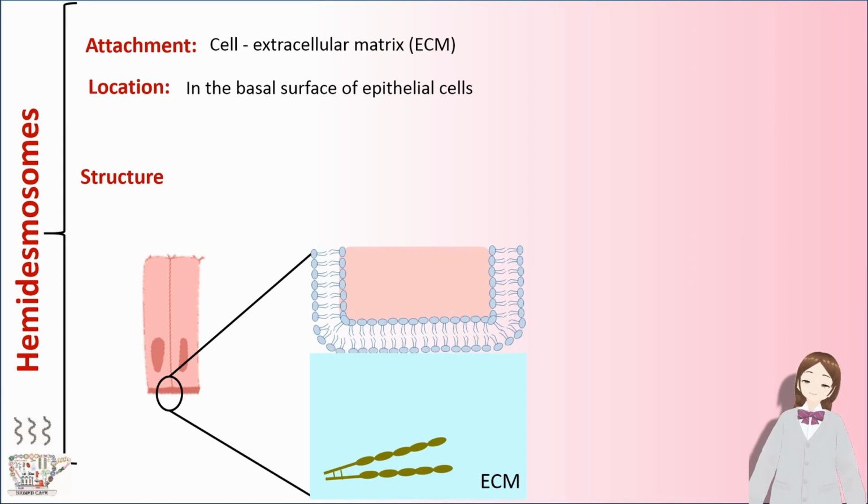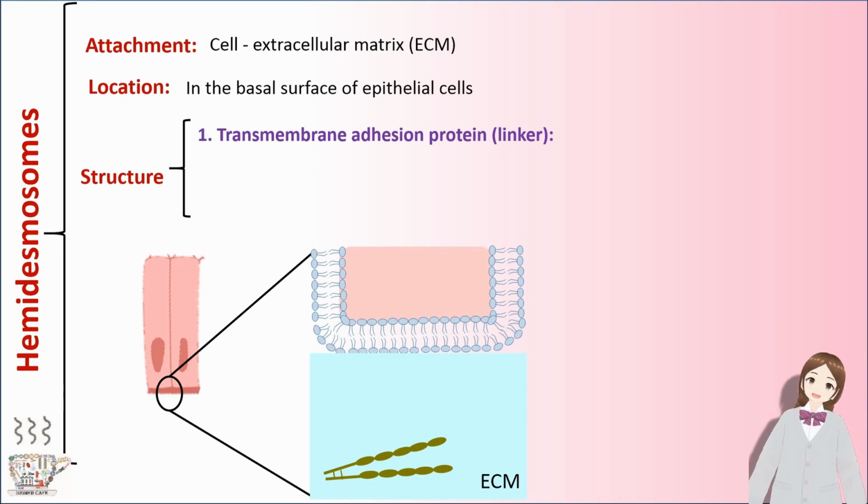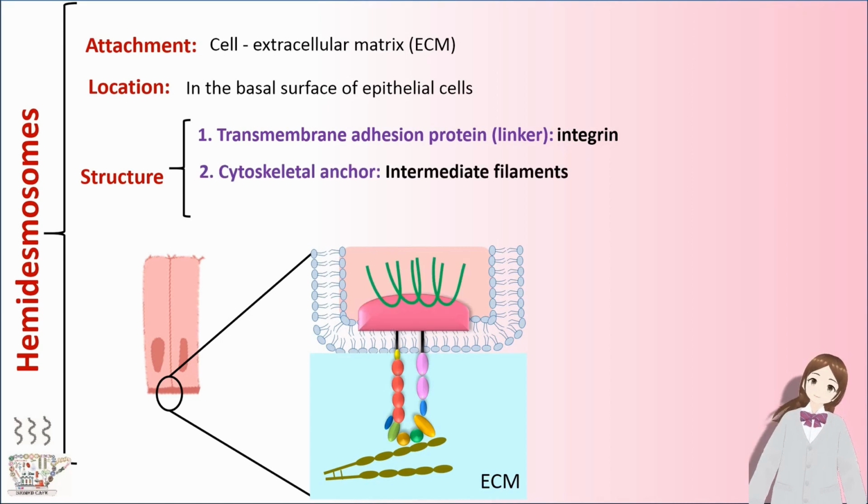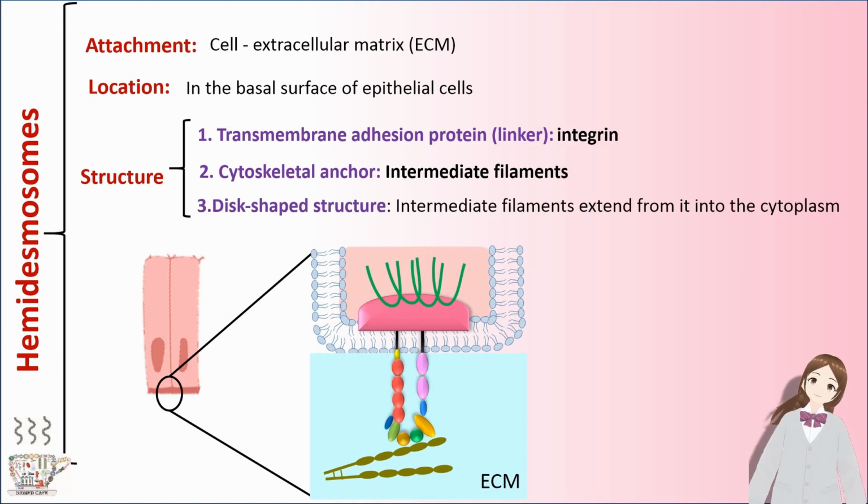They have three parts in their structure too: transmembrane adhesion protein or linker, integrin, cytoskeletal anchor, intermediate filaments, and disc-shaped structure. Intermediate filaments extend from it into the cytoplasm.